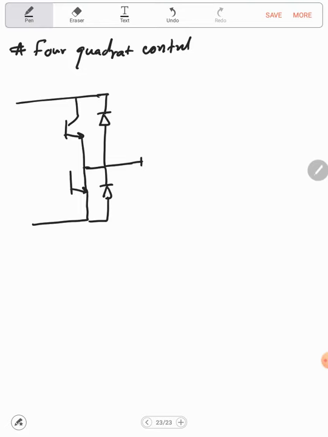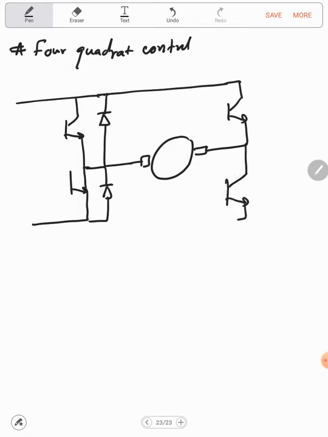Now let's connect the machine in between another two switches. The antiparallel diode can be either packed with the switch or it can be connected externally according to the switch you are having.